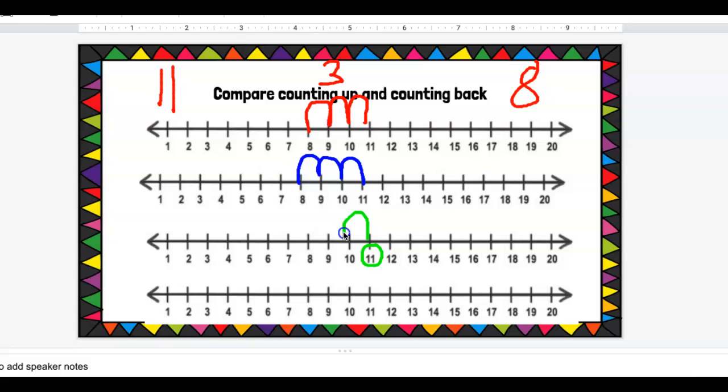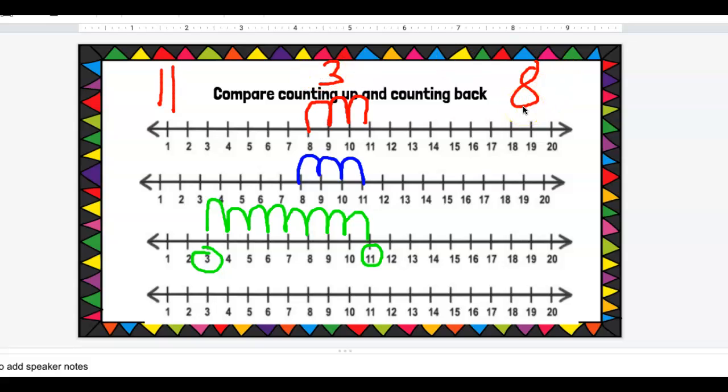And they did 1 hop, 2 hops, 3, 4, 5, 6, 7, 8. And look at that. They ended up with the number 3 because in this fact family, the numbers are 3 and 8 and our sum is 11, right? 11, 3, and 8 are our 3 numbers.